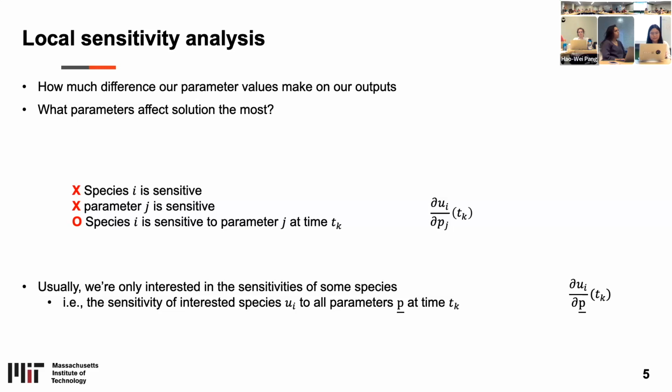Because of this, we usually care about the sensitivity values of this small number of species against all parameters. So you want to know how much the predicted concentration of these species would change if you change the Gibbs free energy of formation and rate coefficients of all the possible things at some certain time.